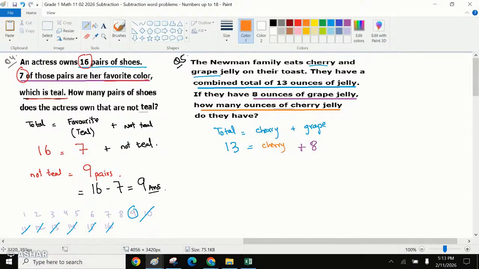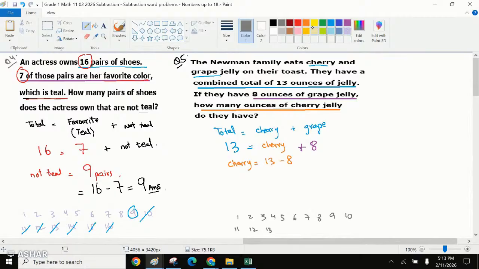So if we want to find cherry, can we write 13 minus 8? And how do we subtract? The easiest way is writing down the numbers: 4, 5, 6, 7, 8, 9, 10, 11, 12, and 13.